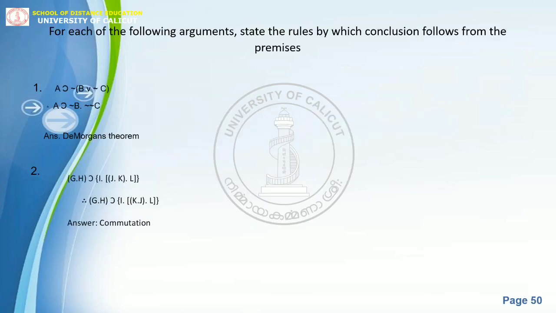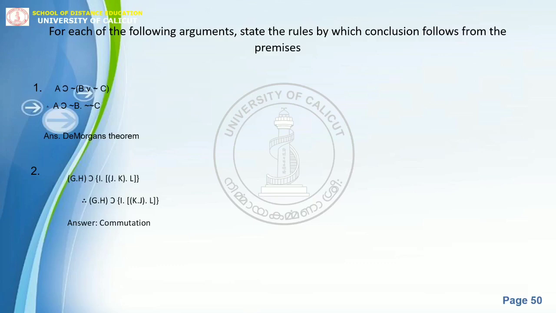So here two problems are given, and one has to state the rules by which the conclusion follows from the premises. So here the rules of replacement are applied. The first one is A implies negation of B or negation C. For solving this, we have to keep the rules of replacement in mind, that is, which rule to apply.